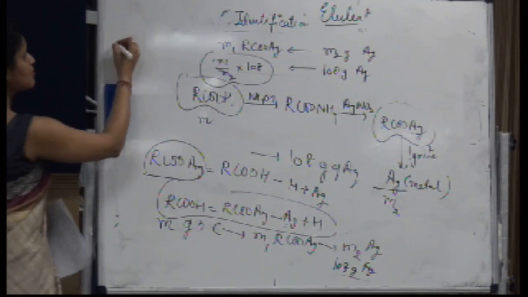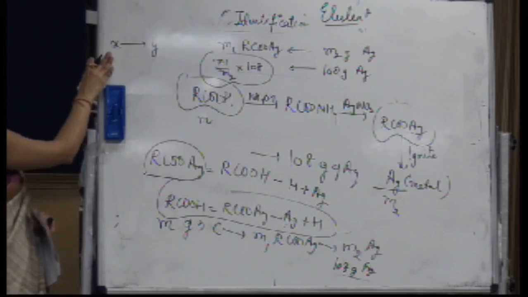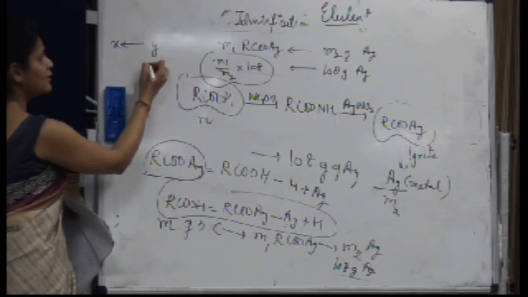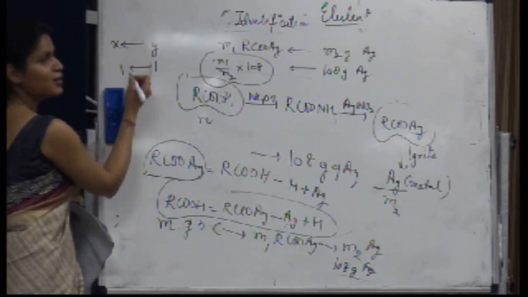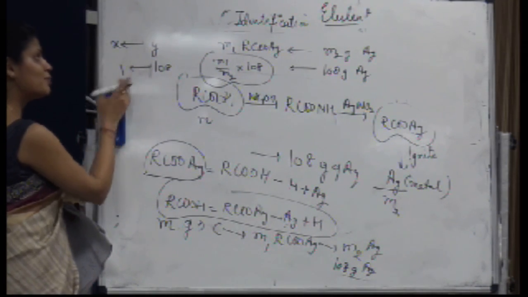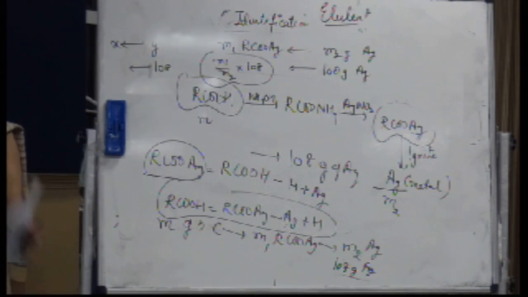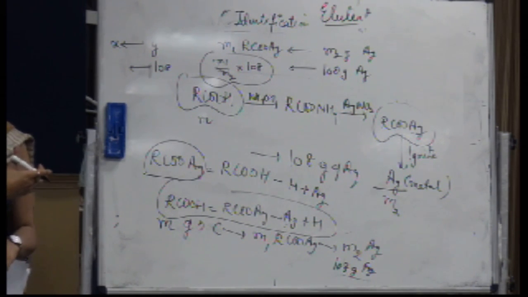If y amount of metal is produced by x amount, I know that 1 mole of compound gives 1 mole. So 108 grams of silver would be given by the standard amount of the salt. Using the simple mole concept, I am finding out the molar mass of the silver salt, just like we did earlier in the case of nitrogen, carbon, oxygen.